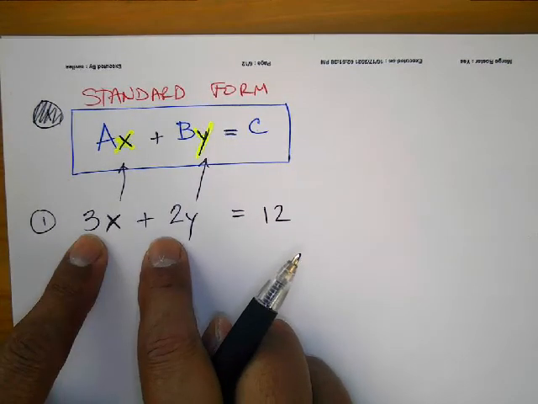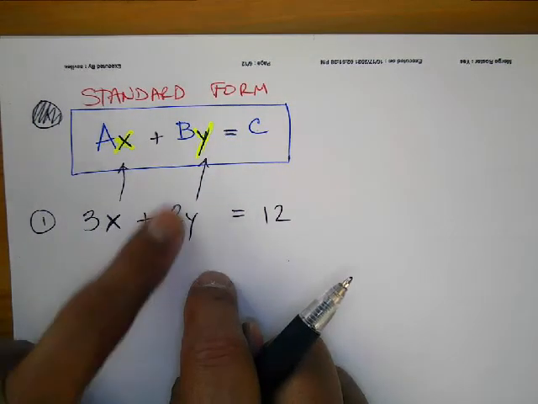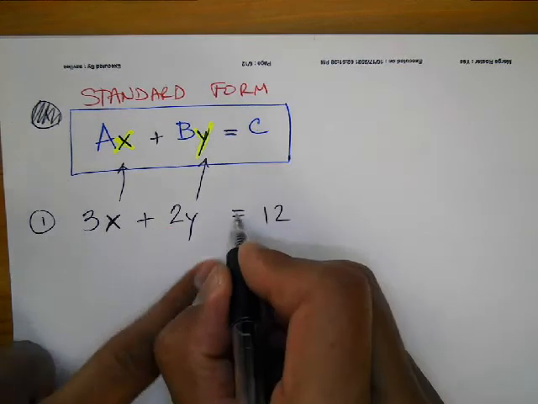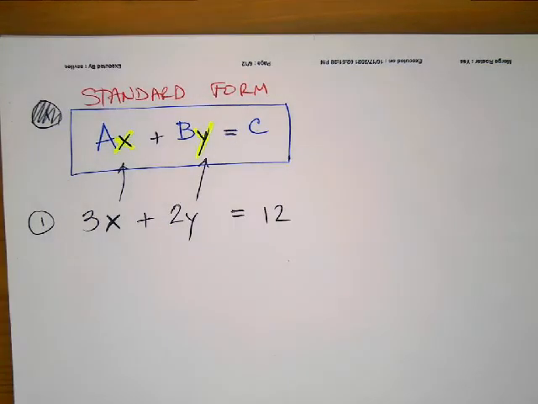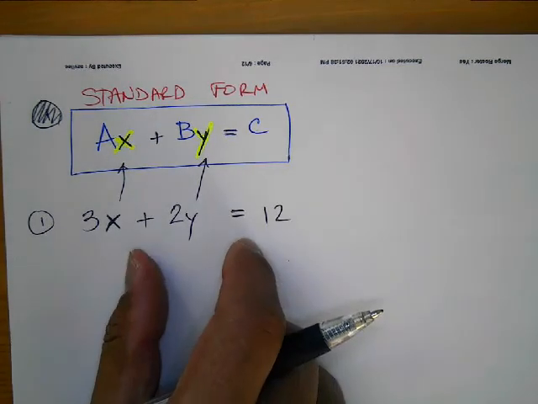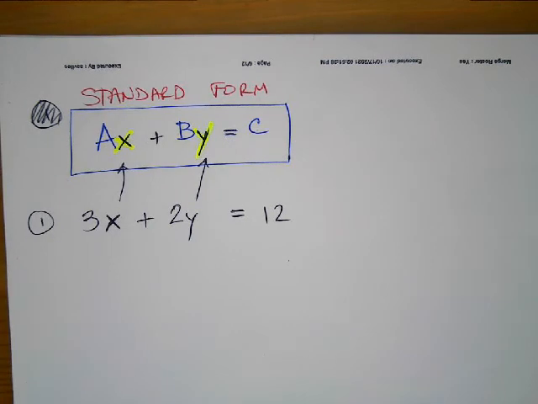Here's the y, right? So 3 is like your A, 2 is like your B, and then there'll be an equal sign and the numbers over here. You'll just leave it like that. You don't have to solve for y. You don't have to put it in slope-intercept form. Leave it like that. This is standard form. So when you have your equation in standard form, it's easy to find your intercepts.